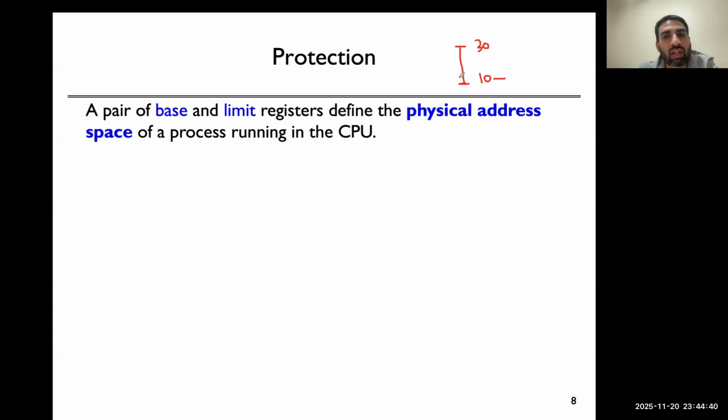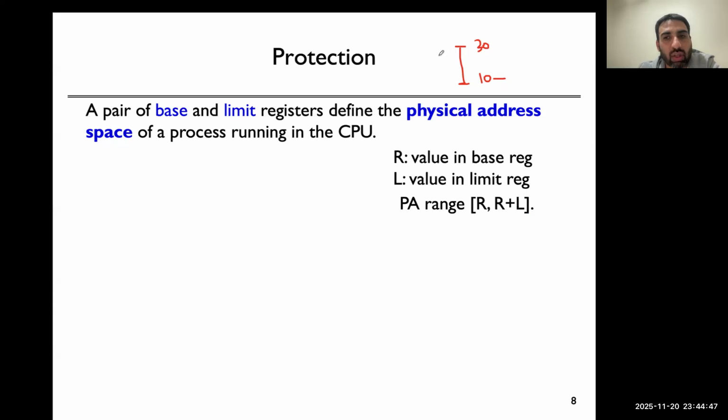So the physical address space of that particular process will be 10 to 30. So if R is the value in the base register and L is the value in the limit register, the physical address range will be from R to R plus L.